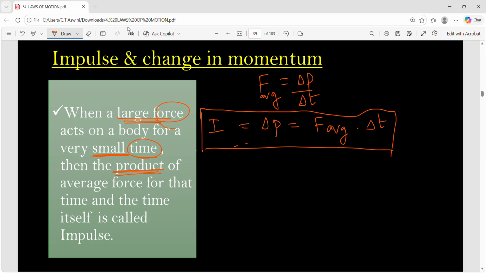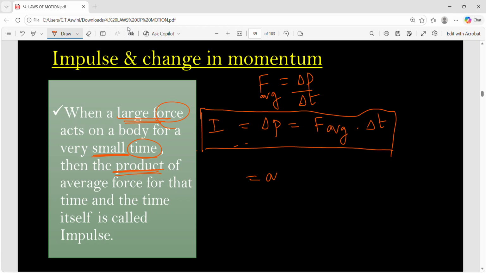See, he catches the ball in the sense what? Will he take 1 hour to catch the ball? No, right? He'll just catch it like that and leave the ball. That means a huge force is acting on the hands, but that force is acting for a very short time. In such cases, the change in momentum is called your impulse.